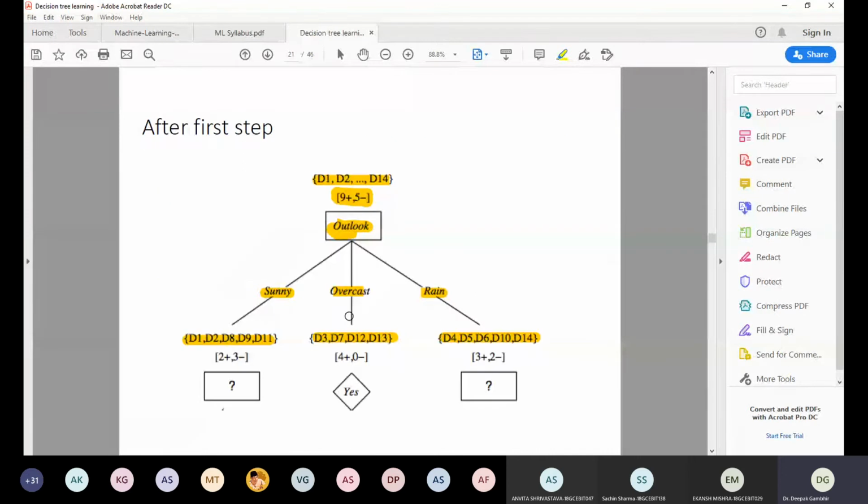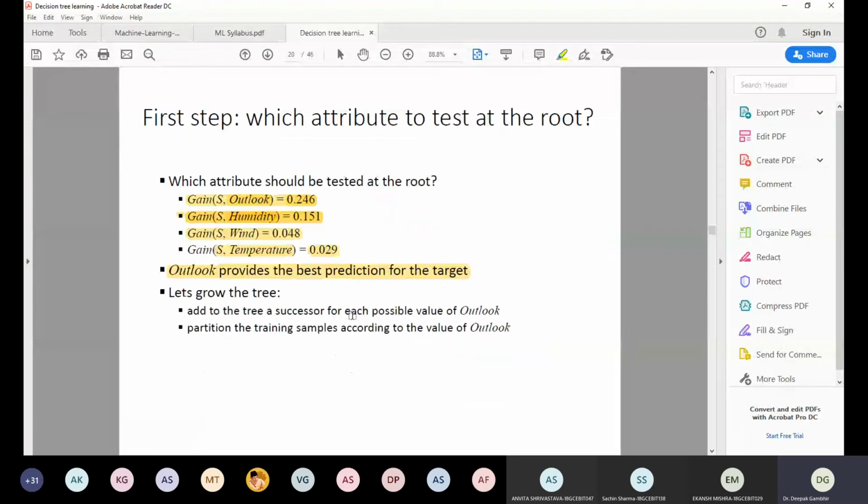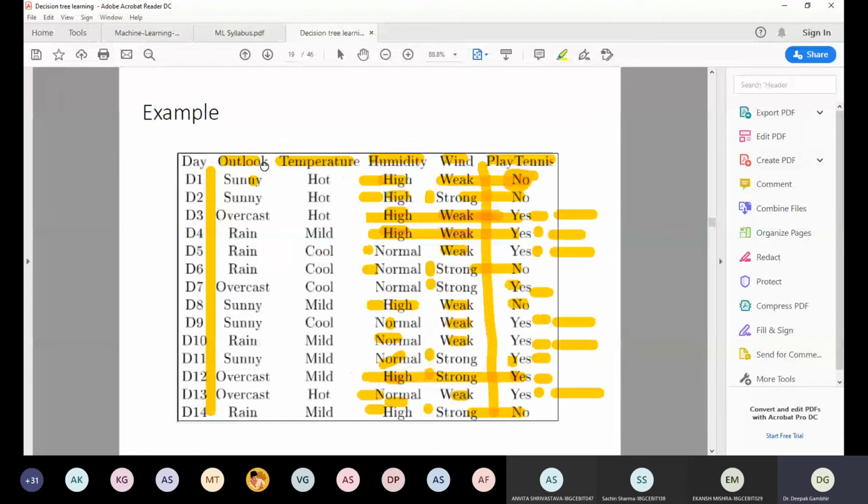Suppose in the case of overcast, if we compute the days: day 3, day 7, day 12, day 13, and compare all the outputs. In the case of day 3, play tennis is yes.